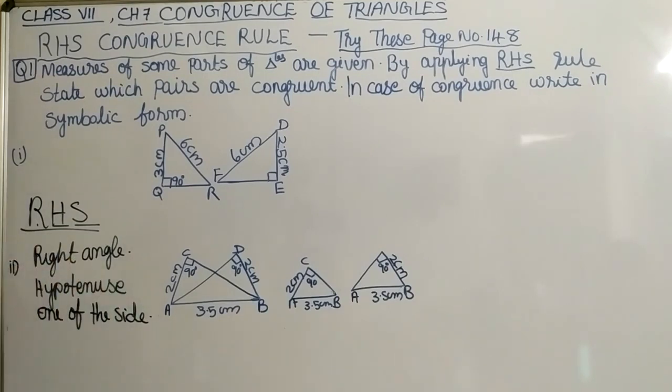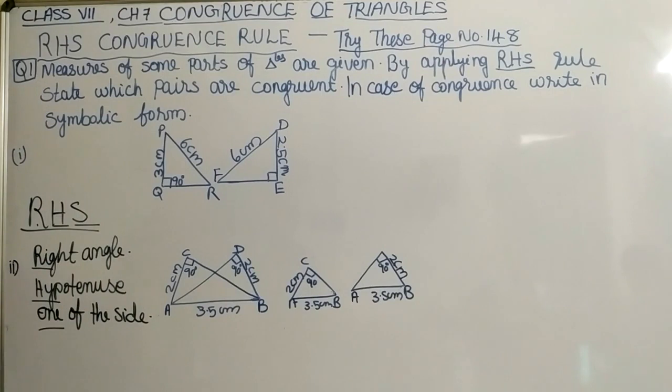To prove congruency, we need 3 conditions. Here the 3 conditions are, first one is right angle, the second one is hypotenuse, and the third one is any one of the side of one triangle is equal to the hypotenuse and the other side of the another triangle.